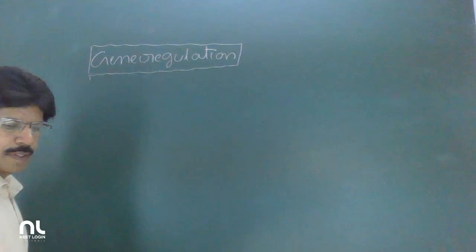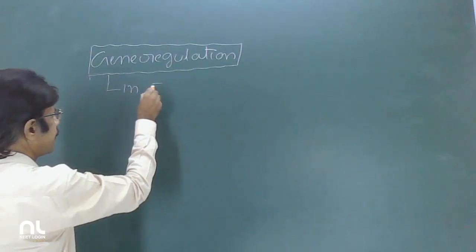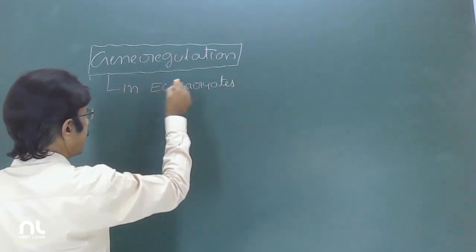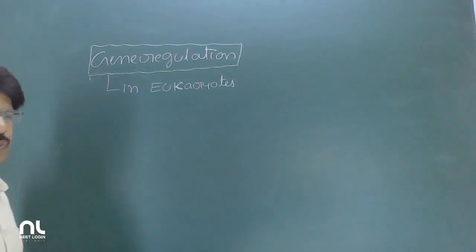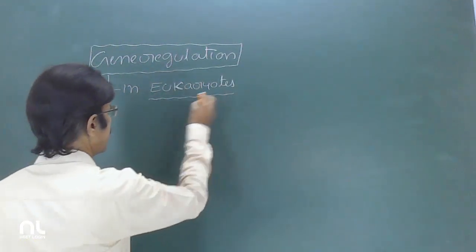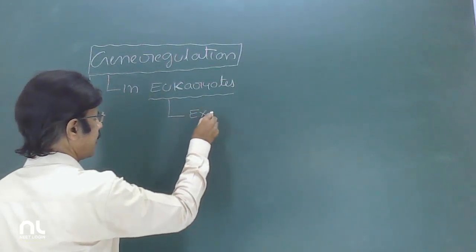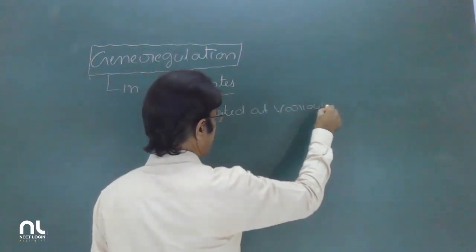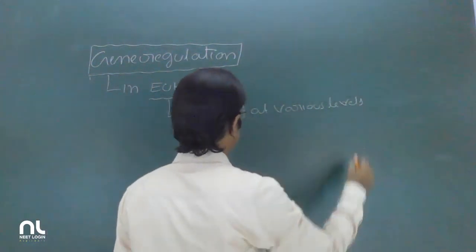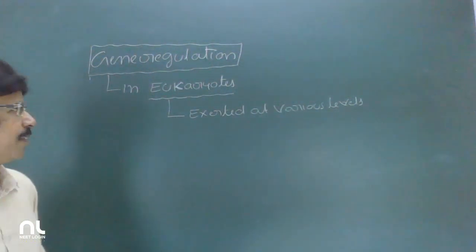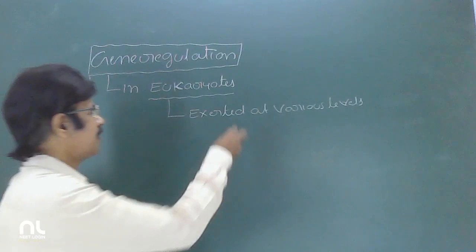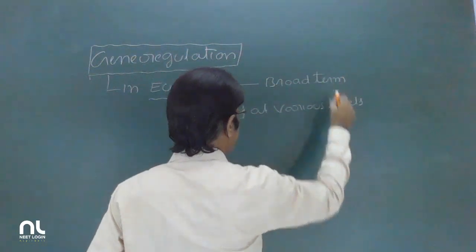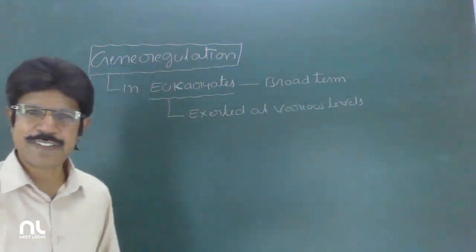Gene regulation in eukaryotes is exerted at various levels. So gene regulation in eukaryotes is a broad term because it exerts at various levels.